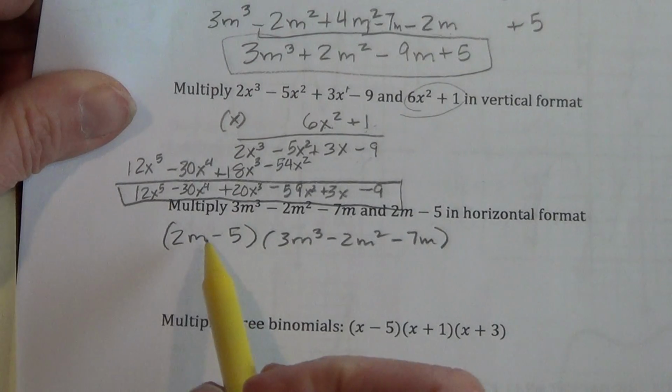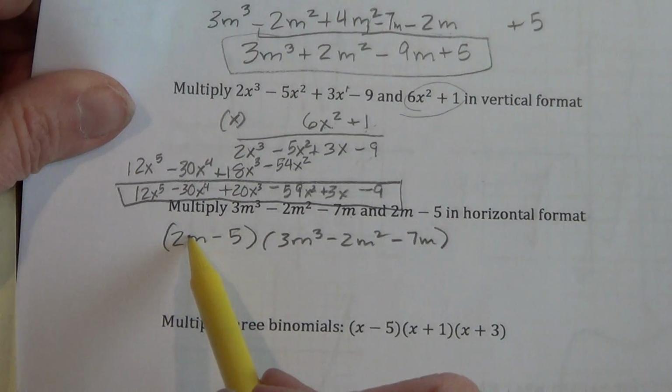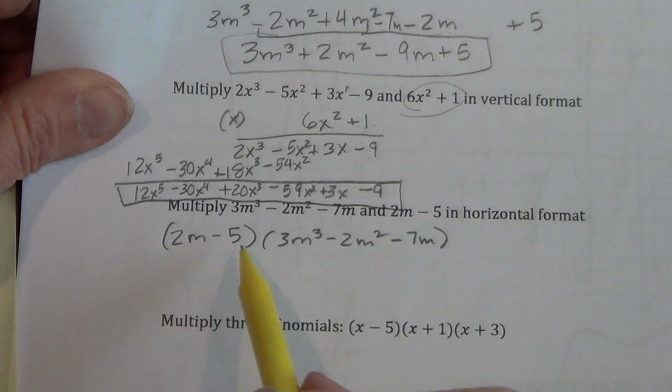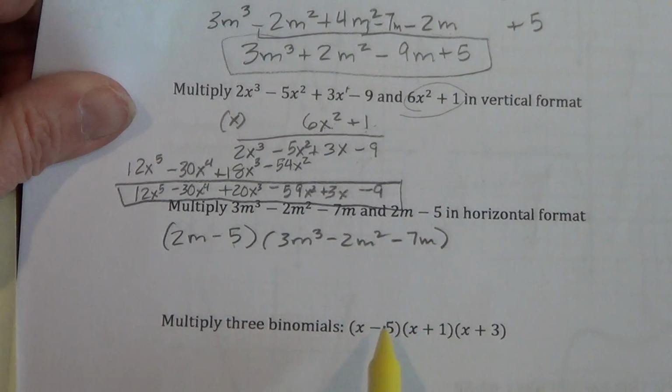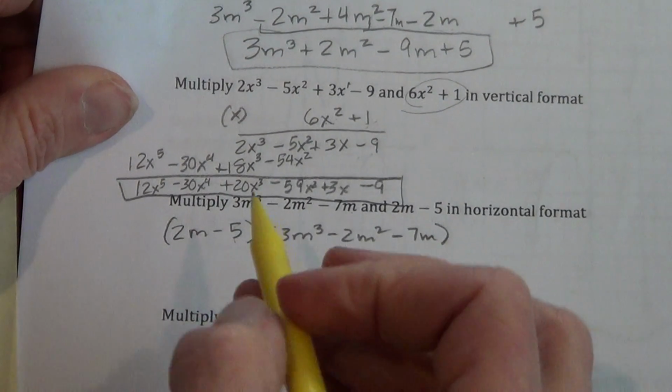Now, what needs to happen is I need to take this term and multiply it by each of these, and this term and multiply it by each of these. So I draw the arrows as I multiply.